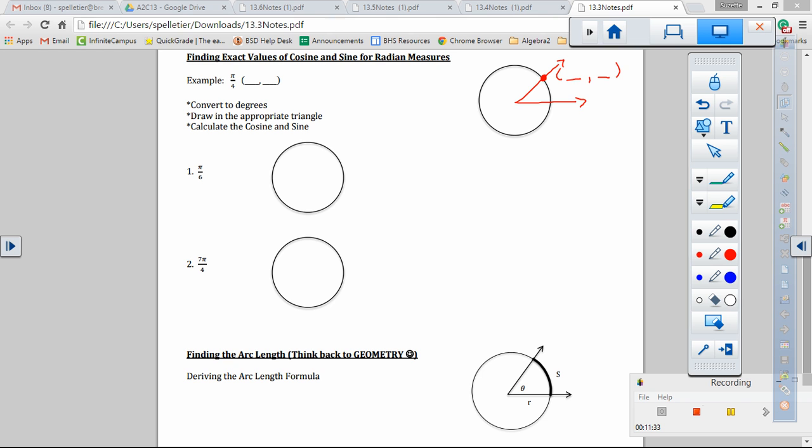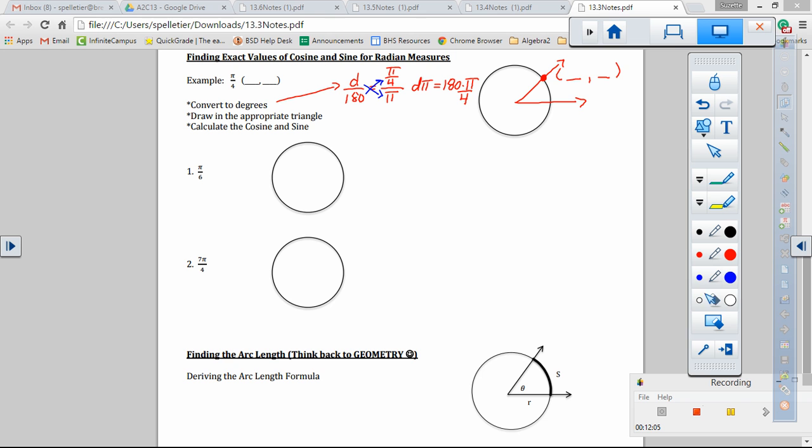So pi over 4, I'm going to convert to degrees. So that's step number 1, convert to degrees. So d over 180 equals pi over 4 over pi. We're going to cross multiply, top to bottom, bottom to top. Okay, so d times pi is d pi, and 180 times pi over 4.